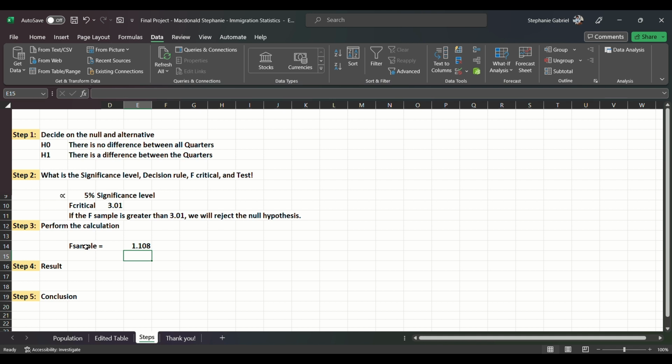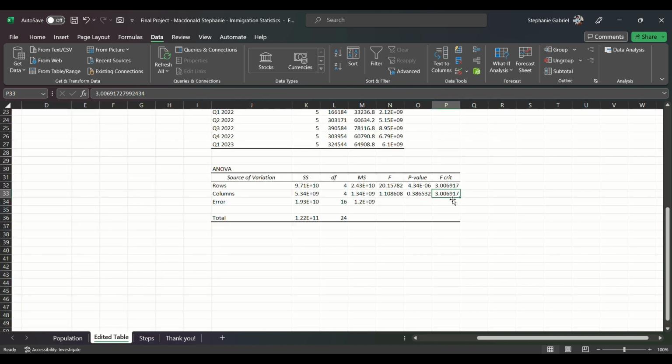And so that means, basically, when we look at this, 1.108 is definitely less than 3.01, our critical value. So that means we do not reject the null hypothesis.